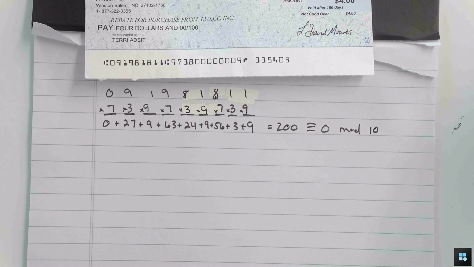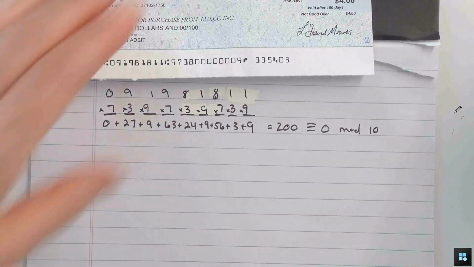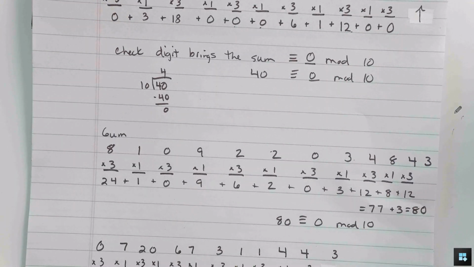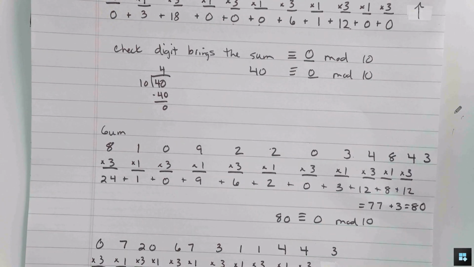So the bank routing numbers use a different code that's a little heftier, can catch a little better transposition of numbers. So when you file your taxes electronically and you're looking for that refund and you had to type in your routing number, it should kick it back if it has an incorrect routing number. The one that you need to know though is the one here. You need to know this pattern and how to find the check digit.